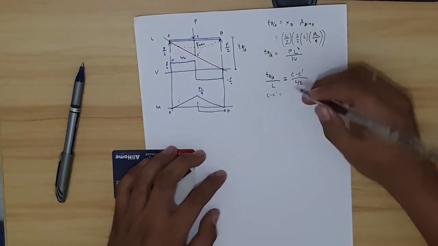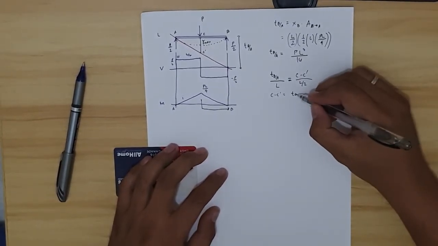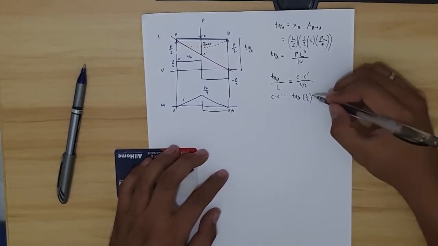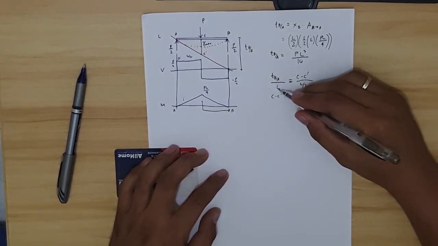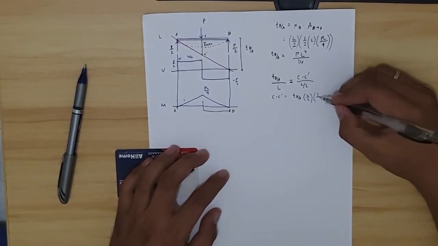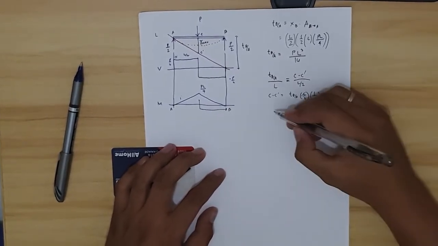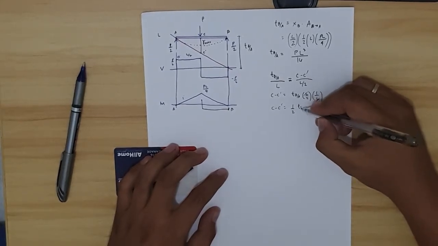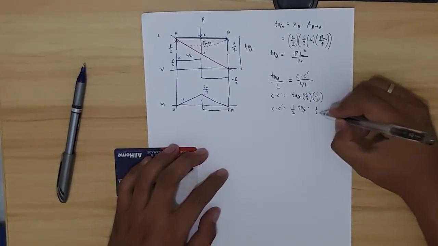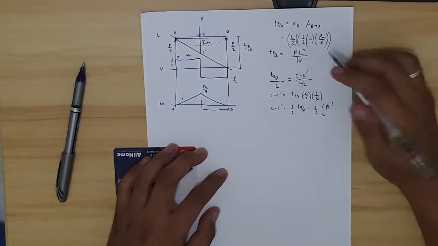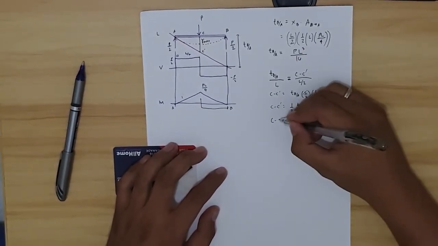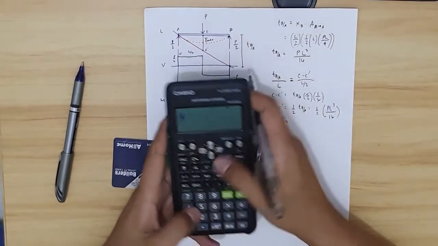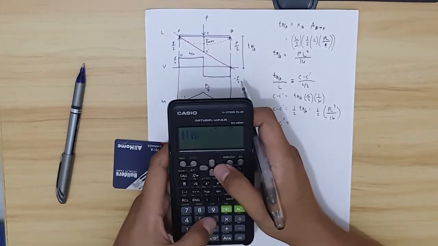So CC prime is equal to deviation B with respect to A multiplied by L over 2 divided by L. Cancel. CC prime is equal to 1/2 dBA or 1/2 of your PL cube over 16. CC prime is pila? 1/2 of your 1 over 16 multiply 32.